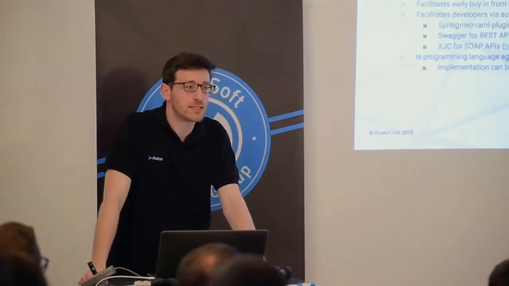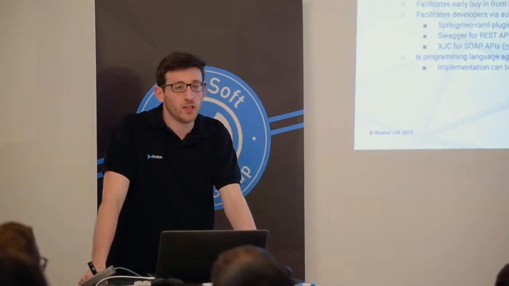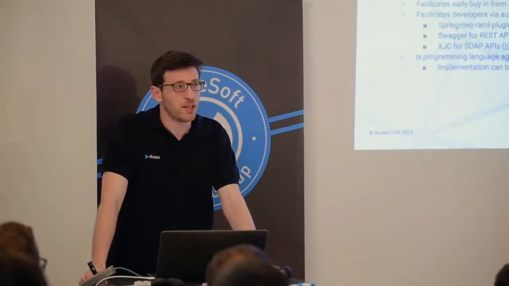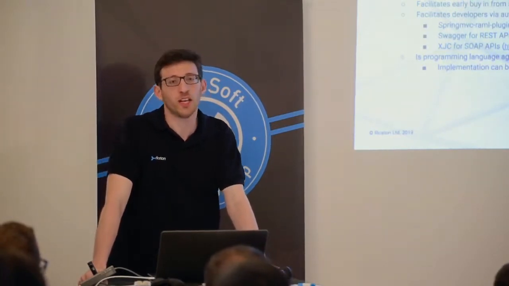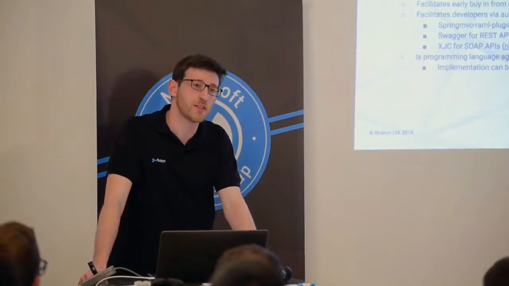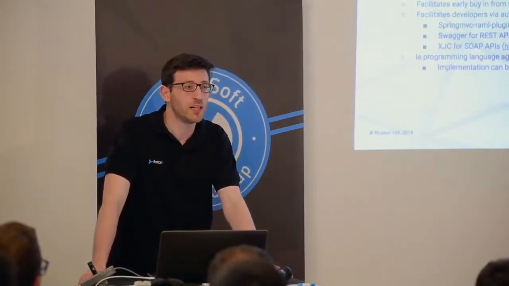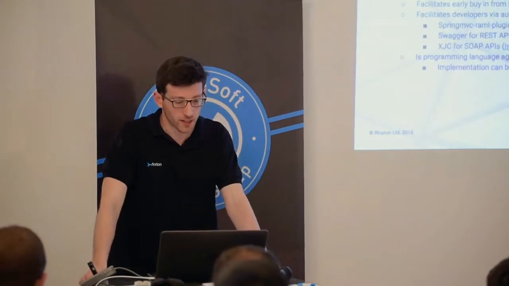What I mean by that is, before you actually start the implementation of the API, you can build a concrete representation of how the end product would look. This is especially useful because it facilitates early buy-in from stakeholders using realistic mock-ups of how the API would look once it is actually live and running.